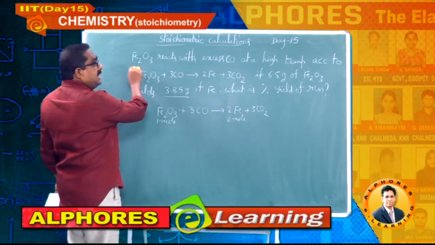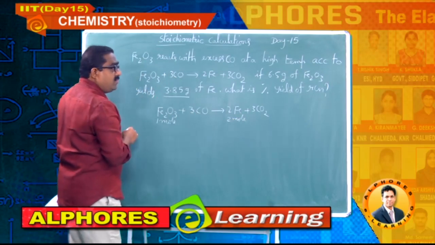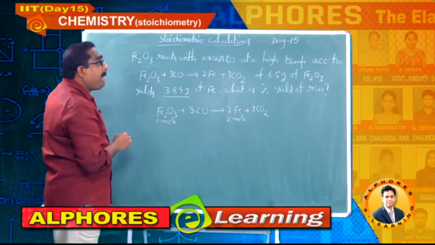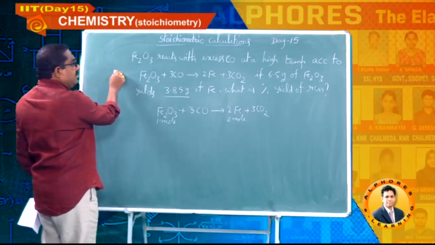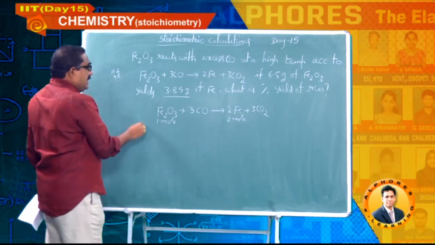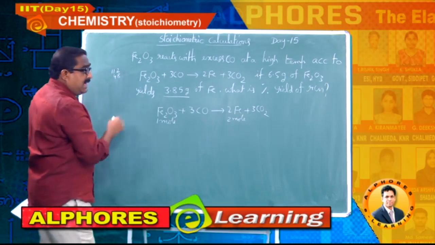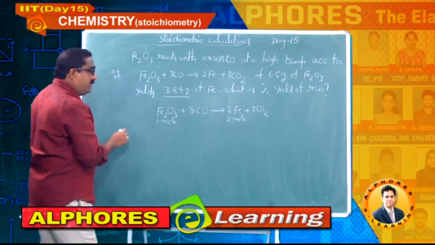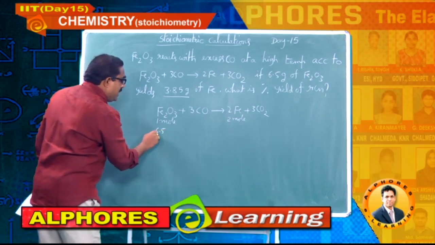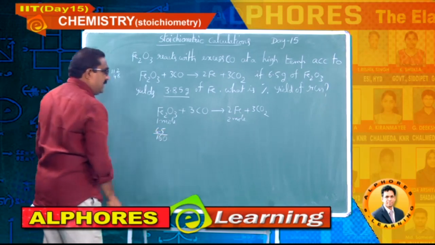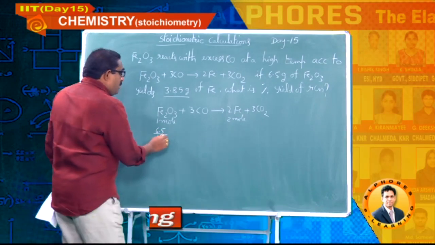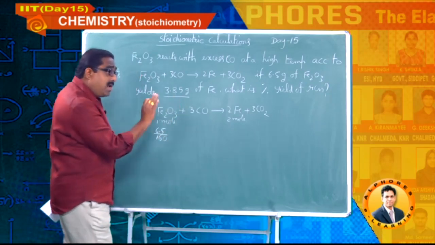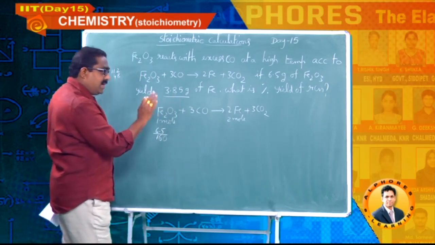But this time only 6.5 grams of Fe2O3 is given. Let me calculate the molar mass of Fe2O3: iron 56, so 112, and 3 times 16 is 48, that is 160. Let me solve in mass itself, no need of conversion.